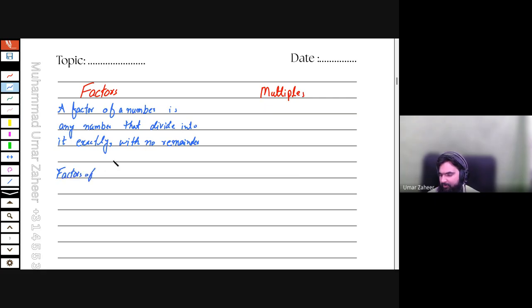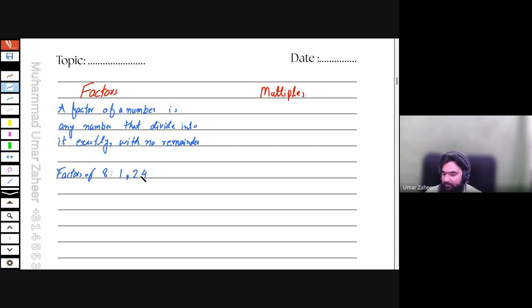So look here, 8 is exactly divisible by 1. So 1 is a factor of 8. 8 is exactly divisible by 2. 2 times 4 is 8. So 2 is a factor of 8. 8 is not divisible by 3. So 3 is not a factor of 8. Next we have 5. 8 is not divisible by 5. 8 is not divisible by 7.